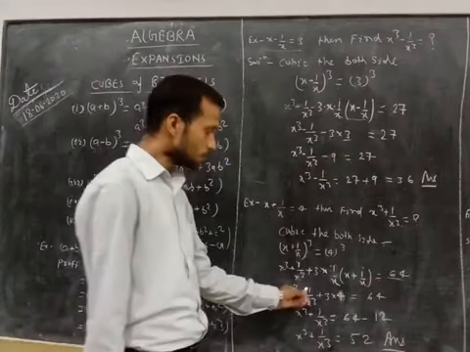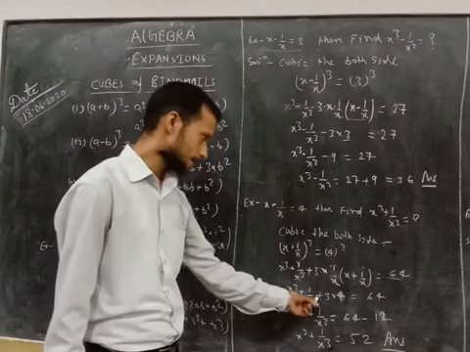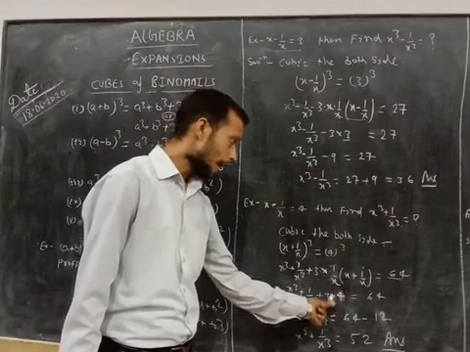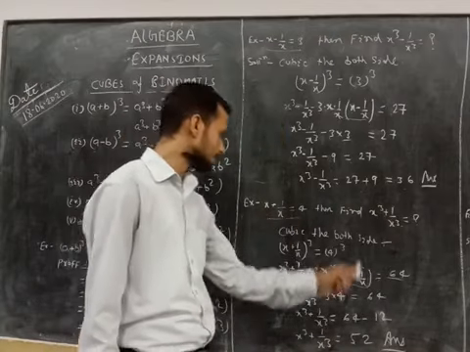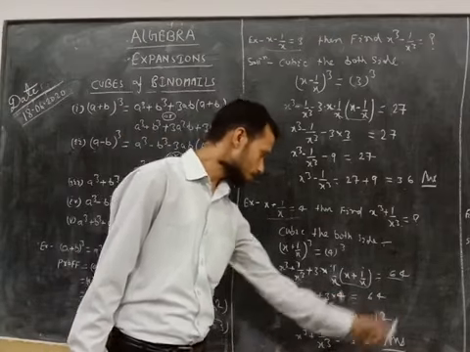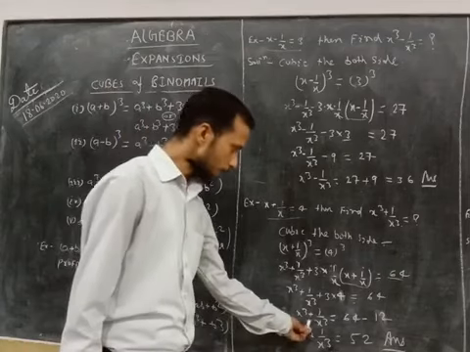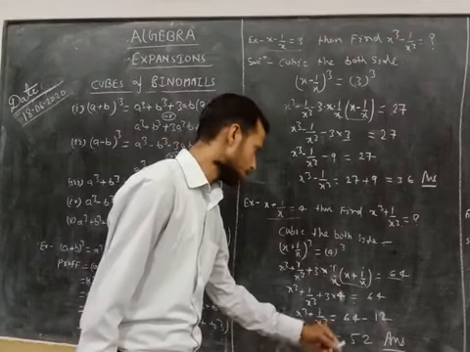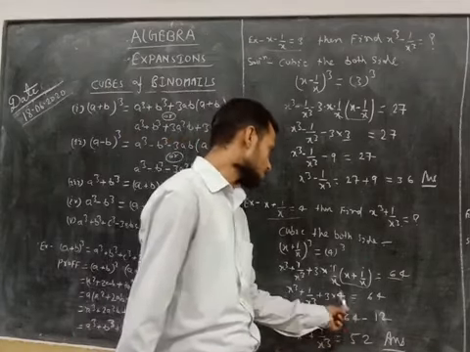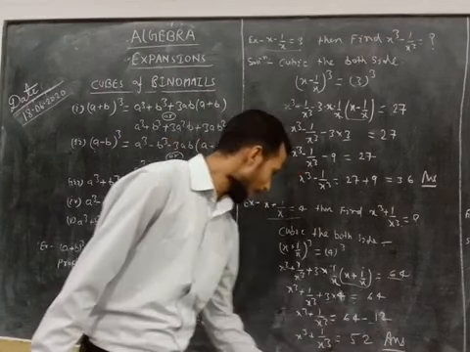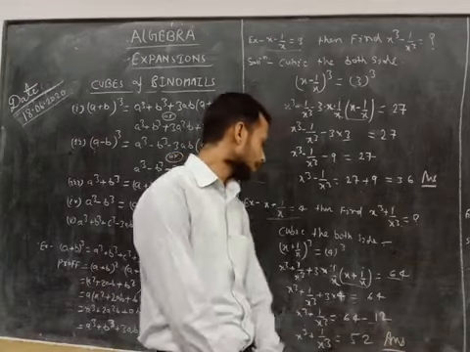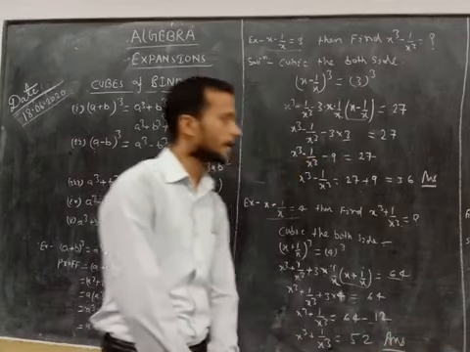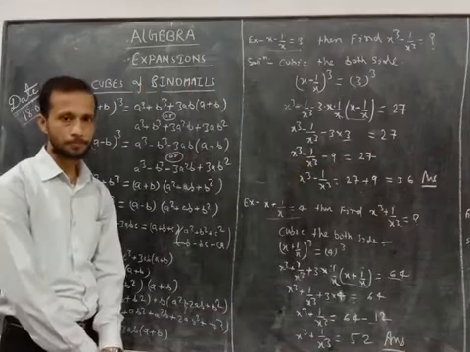X cube plus 1 by x cube plus 3, put the value of x plus 1 by x, which is 4, is equal to 64. X cube plus 1 by x cube is equal to 64 minus 4 threes are 12, so x cube plus 1 by x cube is equal to 52, and this is the result and hence that is the answer.